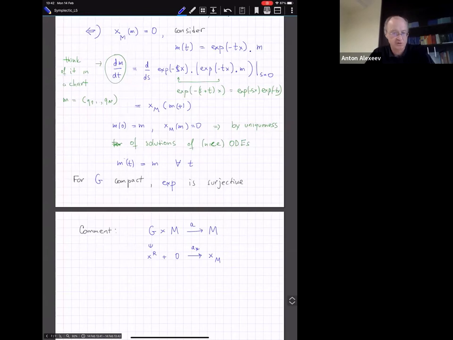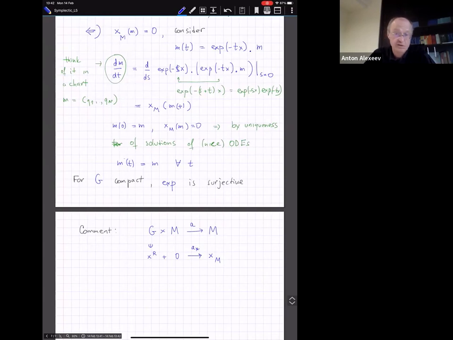Of course, since you're saying push forward for vector fields, we need to check that actually the vector field projects. This is a map which kills many things. So we need to see that if we come from different points on G cross M to the same point of M, we get the same image.